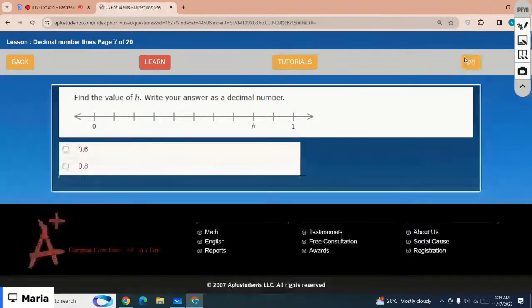Okay. Find the value of h. Write your answer as a decimal number. Which is the correct option? The value of h is, that would be 0.8. The correct option is 0.8.